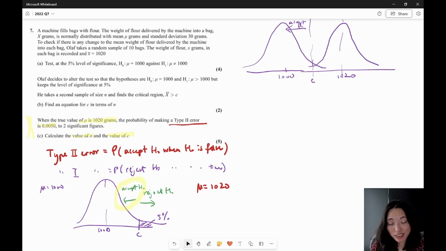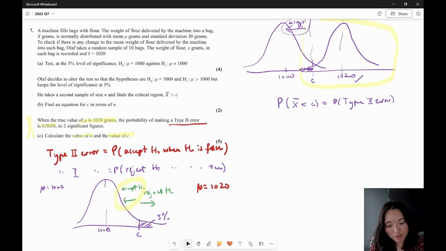So the question is effectively asking, we know that the mean is 1020. We know that this is true. And therefore, under this distribution, what's the probability that the values will be below C? The probability of the values below C is the probability of type 2 error.